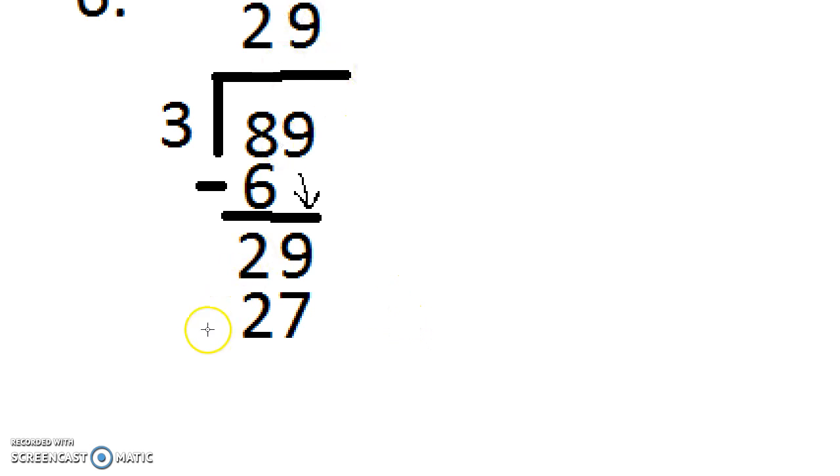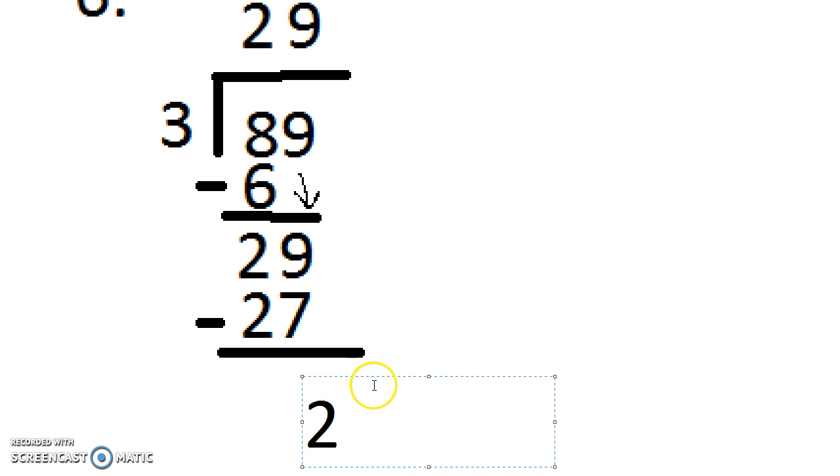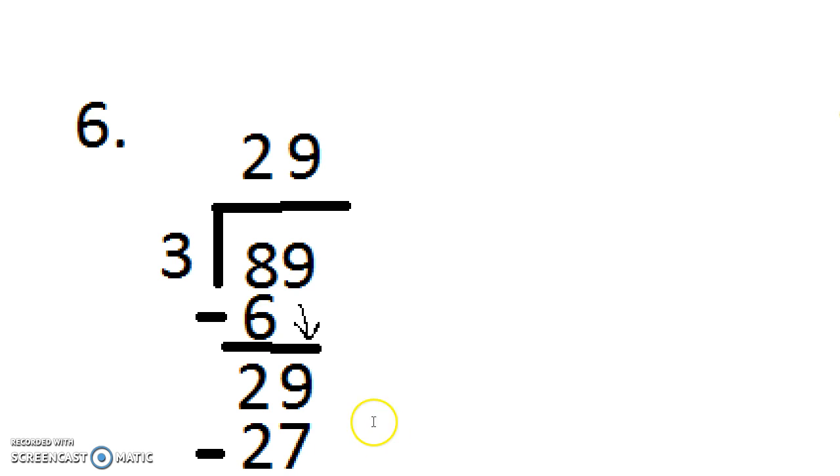And I am going to draw my line right here because this becomes a subtraction problem again. What's 29 minus 27? Well, 9 minus 7 equals 2, and 2 minus 2 equals 0. So guess what? I'm going to have remainder 2. That's our answer for number 6.